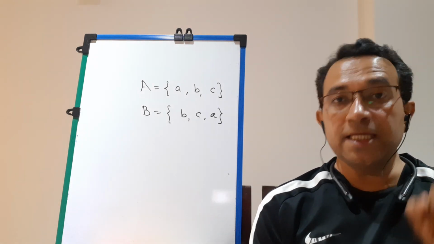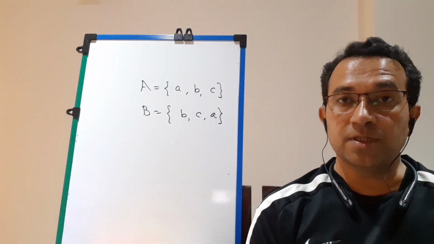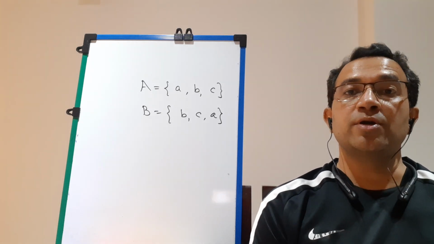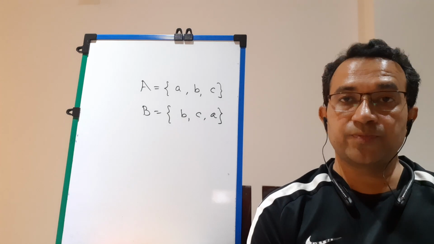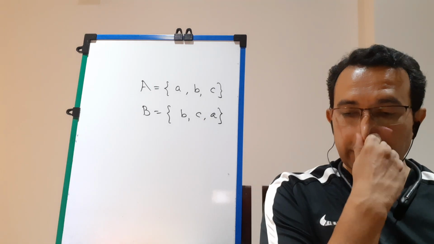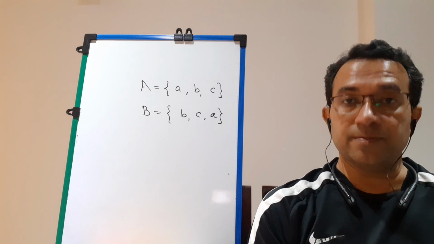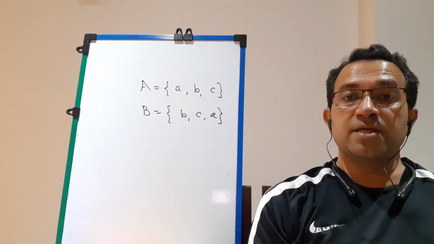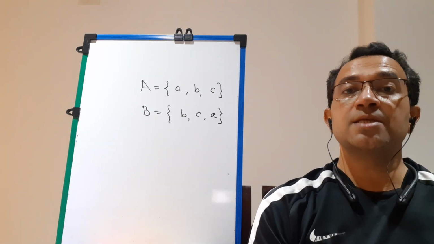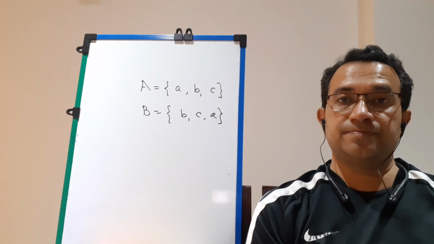First, they should have the same cardinal number, meaning the number of elements must be the same, and second, the corresponding elements must also be the same. So if there are three elements, then the respective three elements must be the same. If there are four elements, then the respective four elements must be the same. So for two distinct sets A and B, if the number of elements and the corresponding elements of both the sets are the same, then such sets are called equal sets.